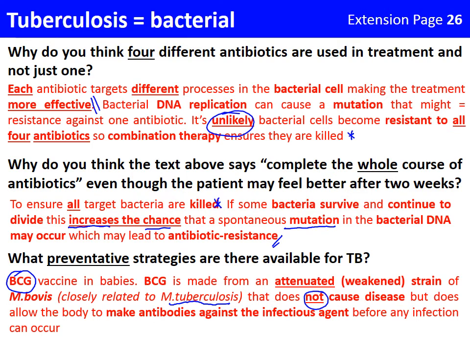It's non-pathogenic. So the immune system of the individual, the humoral response, will make antibodies against antigens on the surface of M. bovis. These antigens are actually quite similar to the antigens on the pathogenic bacterium. So these antibodies will recognize antigens on the infectious bacterium.